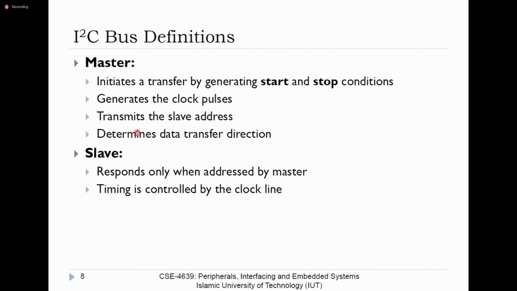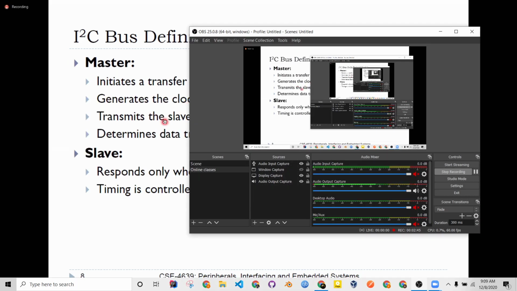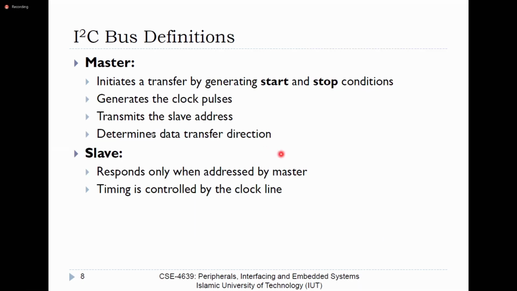So here are the definitions of masters, what a master can do and what a slave can do. We have seen the main task of the master is to provide the clock pulses, and it selects the slave address, and depending on that selection, the data transfer direction is maintained.